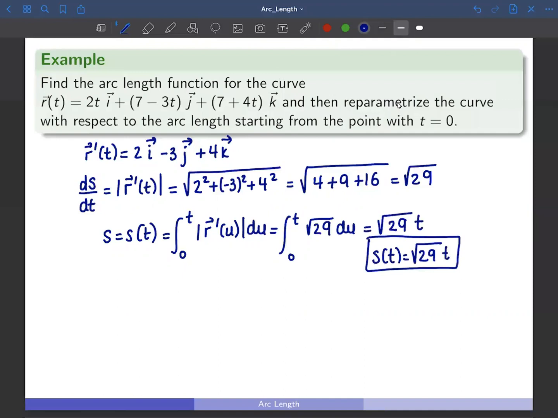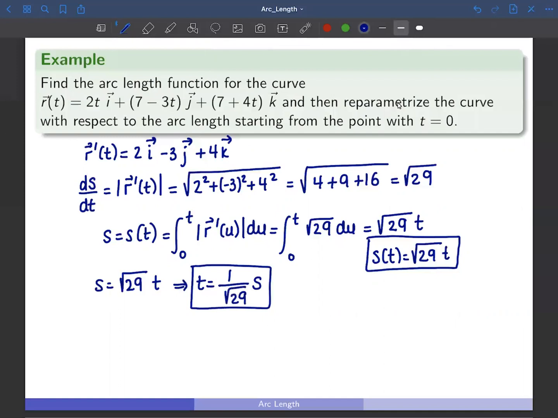And we can now use that s is equal to the square root of 29 times t, solve for t, so t will be equal to 1 over the square root of 29 times s, and use that to substitute in the curve to reparameterize it with respect to the arc length.